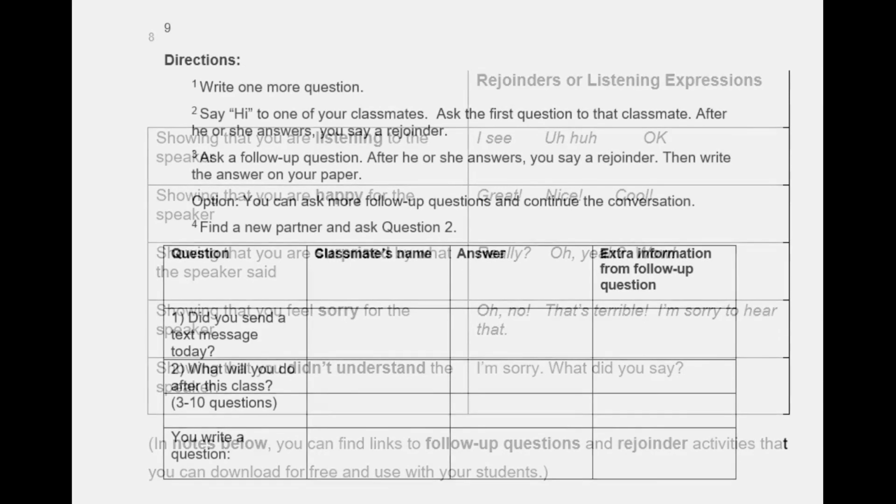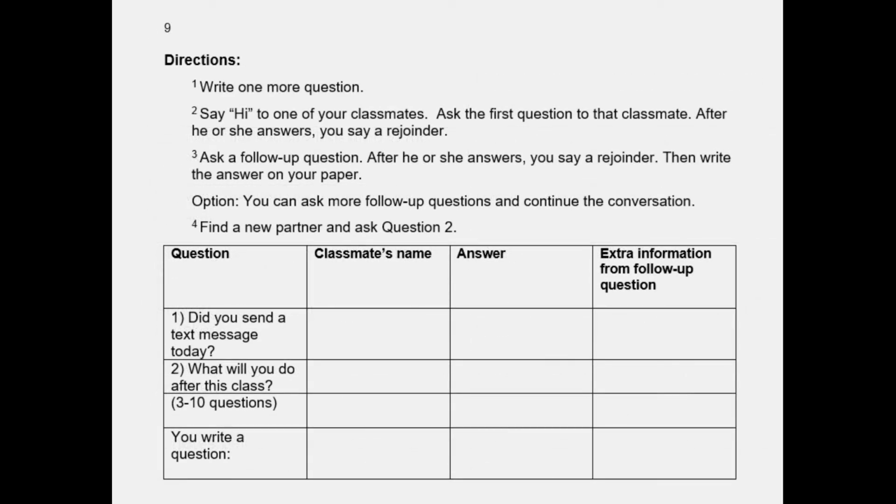And one way that I've used very effectively is this. I give all the students a copy of the survey questions like this. And the directions are, number one, write one more question. Or if your survey has more than one, you give them time to write more than one.